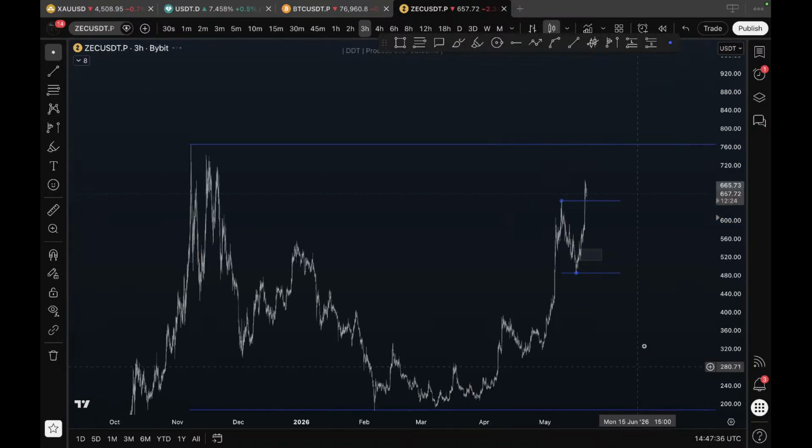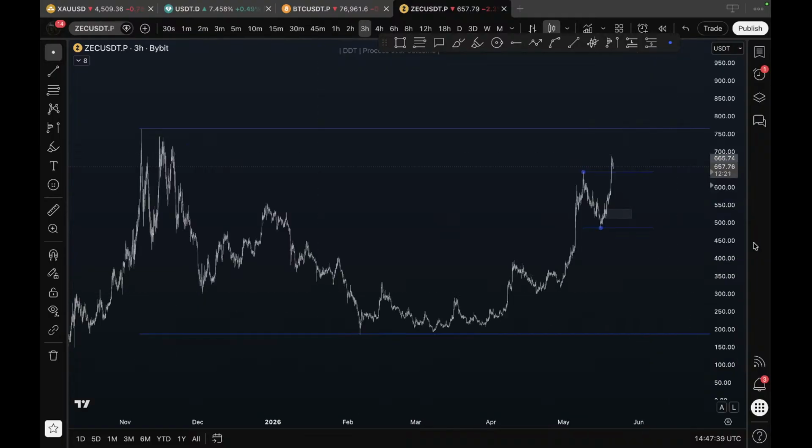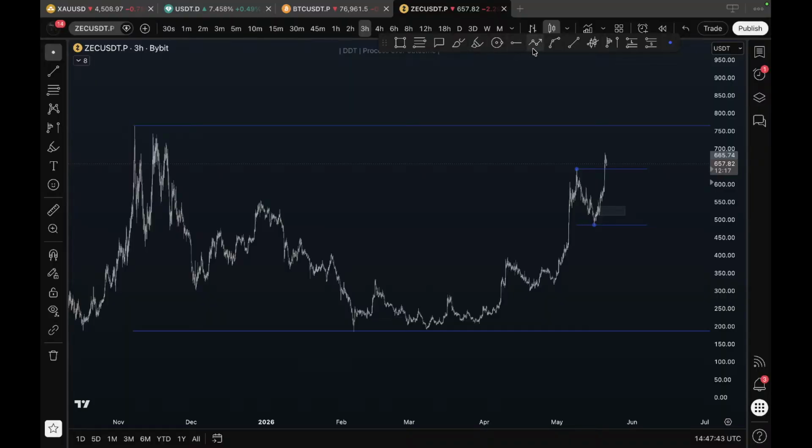But look, price is also in a bigger range. So there we have basically tap 1 at the high, tap 1 at the low, right there.